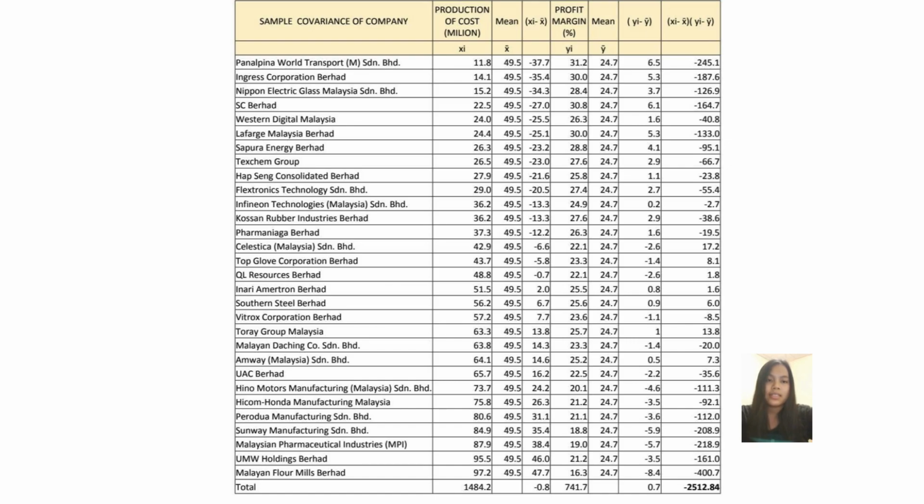So I get the answer negative 2442690. So I calculate until 30 companies, and I sum the deviation, which I get negative 25 127 804.00.